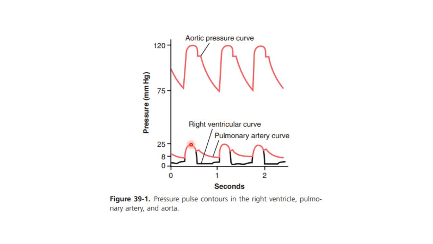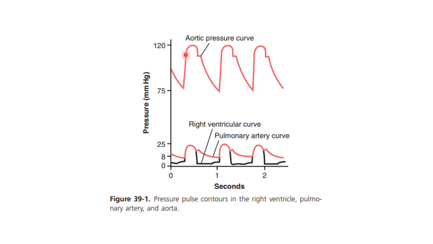As you will notice, during the same time, remember that when the heart beats, the ventricles will beat at the same time. The right ventricle will beat at the same time as the left ventricle. So when the right ventricle contracts, the left ventricle will also contract. And so that will also generate pressure.